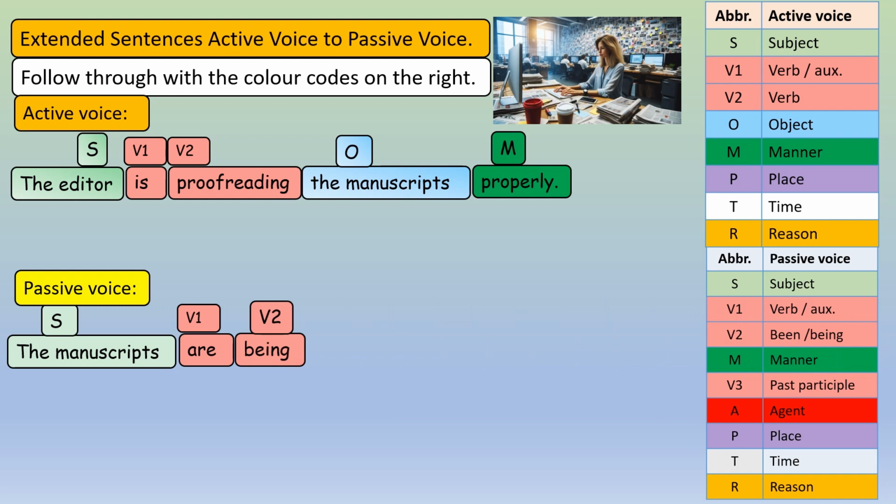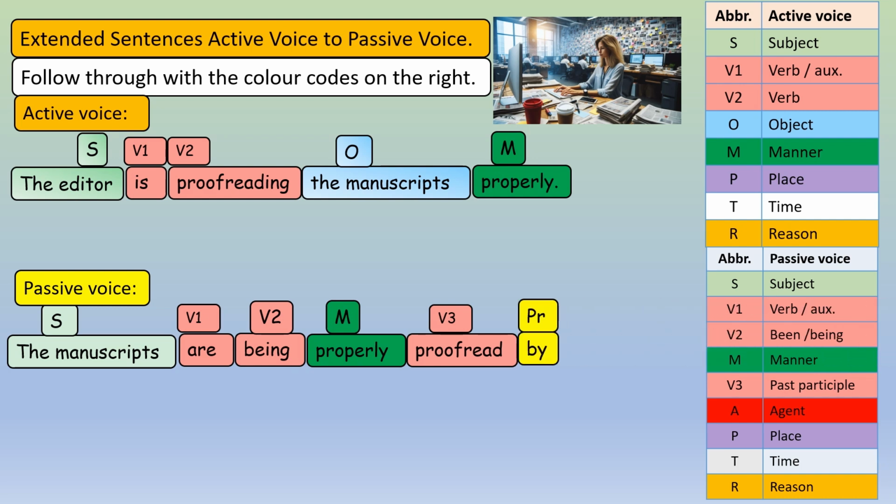Being is now with the continuous tense. Properly, adverb of manner, and then proofread is our past participle of proofread, proofread by the editor. The editor, notice, it becomes the agent. It's not called the subject of the sentence anymore.